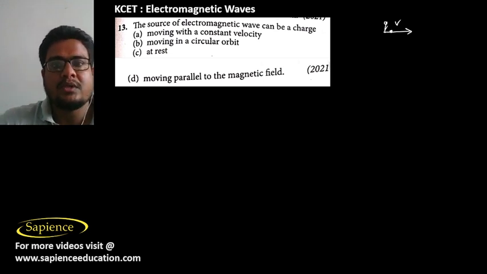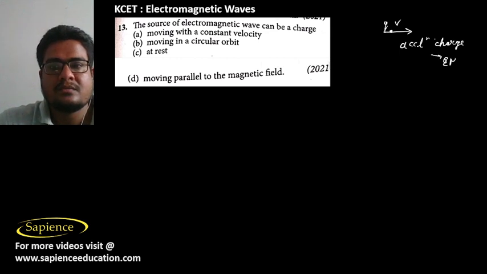Whenever any charge moves under some acceleration, that accelerating charge will always produce some electromagnetic wave. So when it moves in a circular orbit, the charge is moving under acceleration, so it will be a source of electromagnetic field. Option B is the correct.